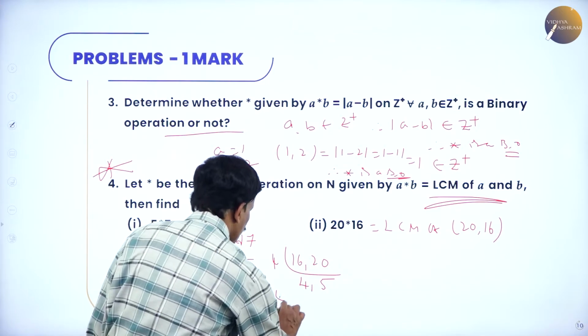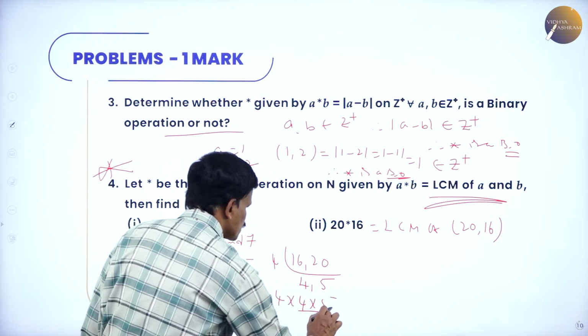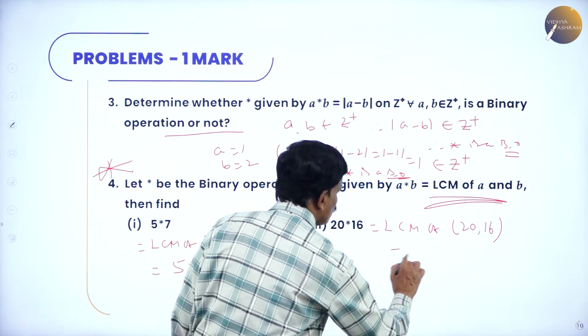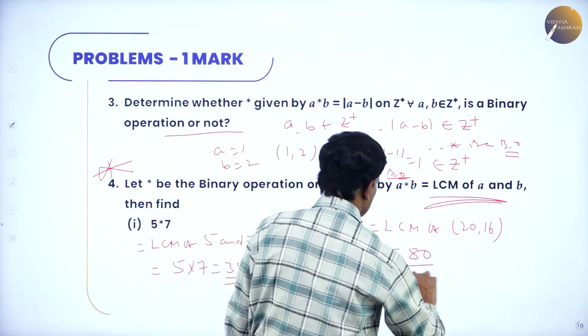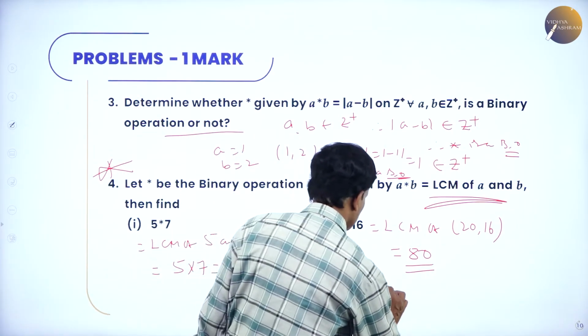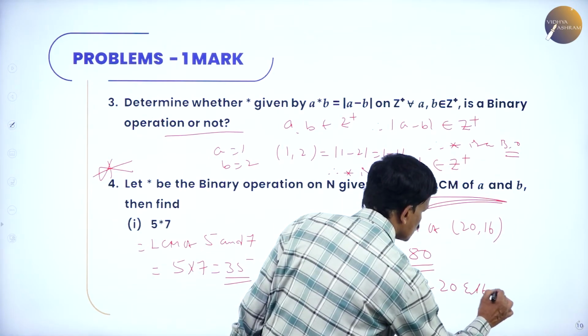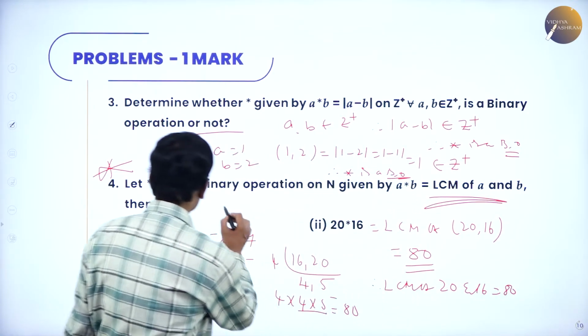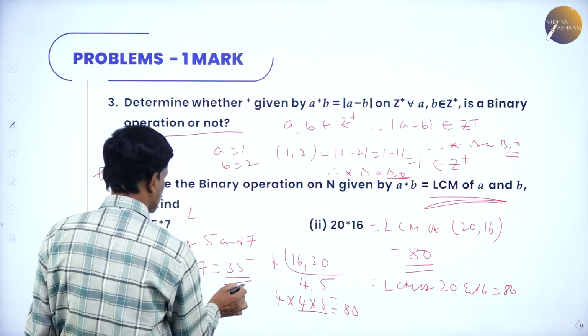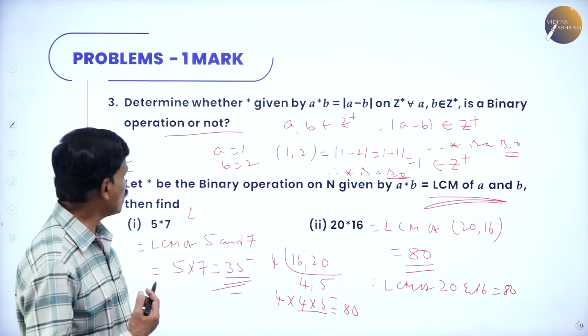So 4 into 4 into 5. 5 4s are 20, 20 into 4 is equal to 80. So the LCM of 20 and 16 is 80. And the LCM of 5 and 7 is equal to 35. Now let us come to the next problem.